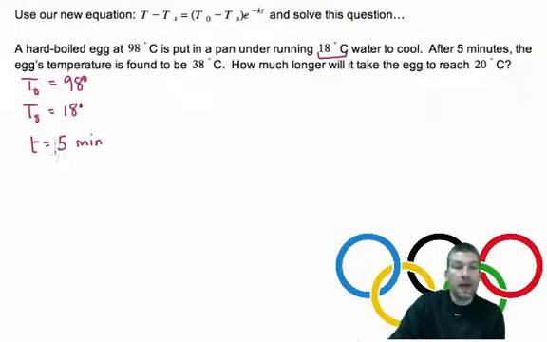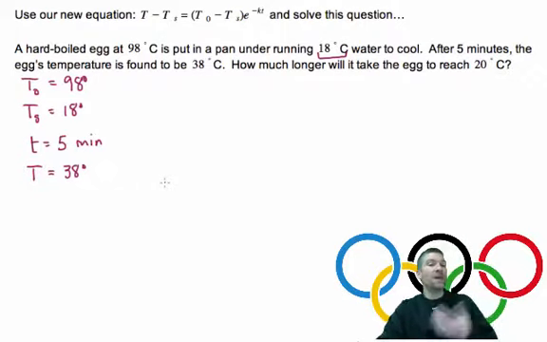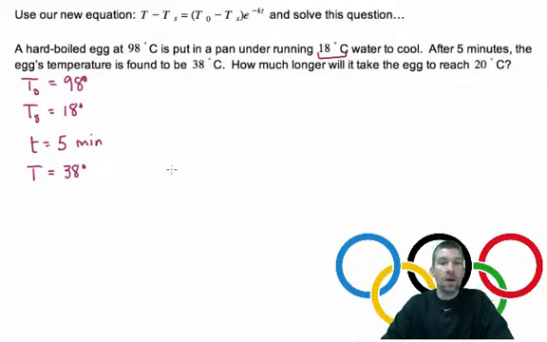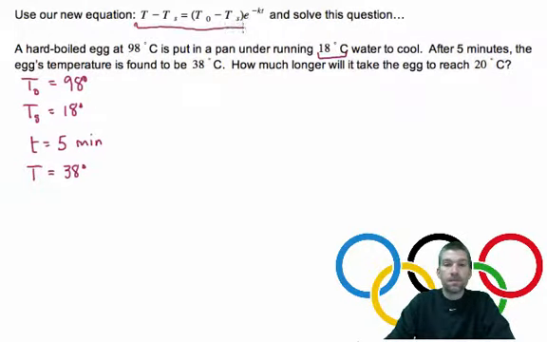And then we're told that after that time, the temperature of the egg is 38 degrees. All right. We've got enough now to get started with our Newton's law of cooling. All of these things up here are going to be used. We're just not going to use K. We're going to discover K, because as we discover K, we're going to find the relationship for this particular problem.